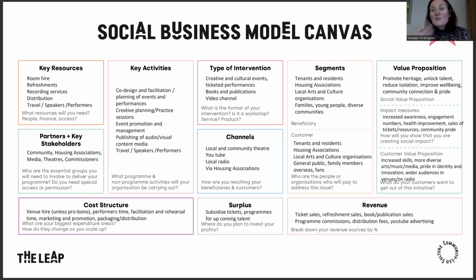And I only know this because I do lots of this work, and so I can quickly guess that the value proposition for this kind of project is all about, as I say, promoting heritage, unlocking talent, building skills, reducing isolation, improving well-being, and boosting that community connection and pride. And then in terms of some of the impact measures, how do we know these things are happening?